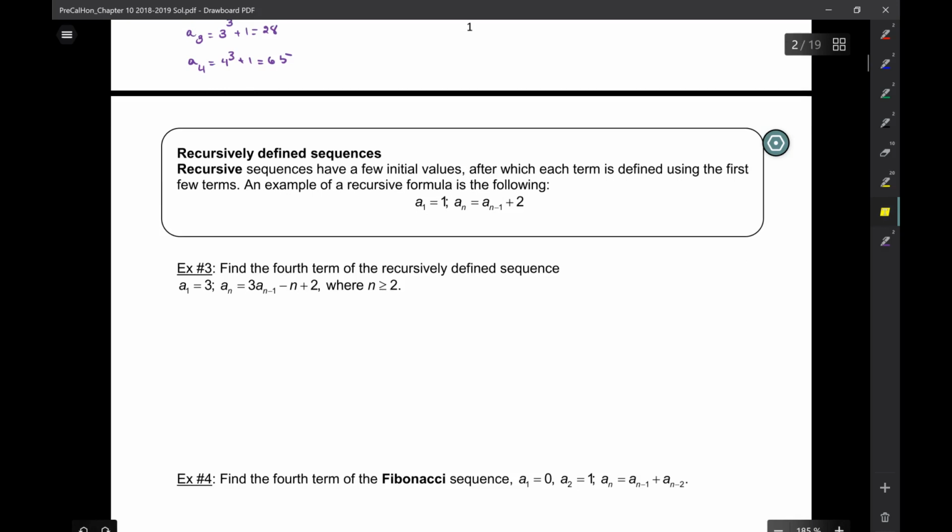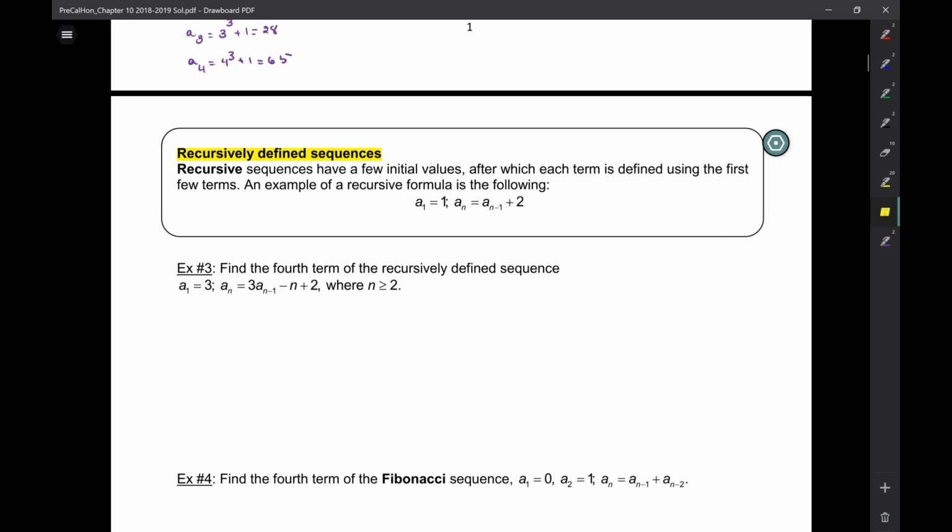Now, a recursively defined sequence is a little different. What's the term recursive? What does that word mean, just in plain English? Repeating, right? Repeating backwards and recurring. Basically, if something goes backwards or if something recurs, it has to do with what happened before.